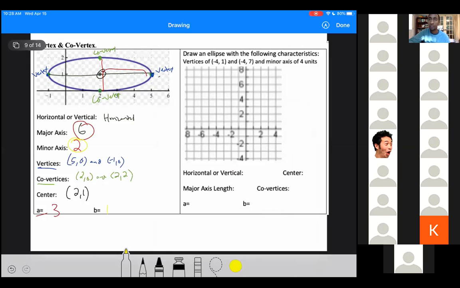This is where I was telling y'all that you're going to need a lot of graph paper, if you were able to print some or create your own, because these graphs aren't always given to you. I printed them on your paper, but usually on any assessment you wouldn't have this graph.